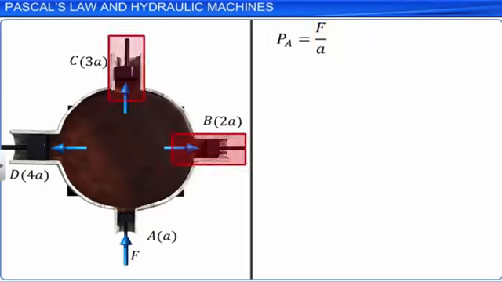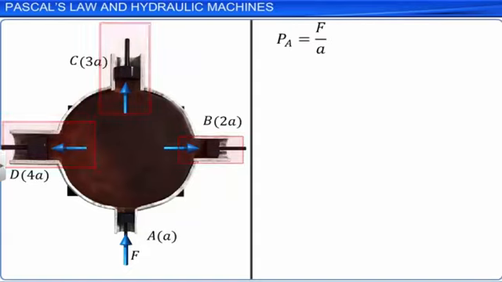However, pistons B, C and D can be held in their position only when the forces applied on them, that is, Fb, Fc and Fd, are equal to 2F, 3F and 4F respectively.